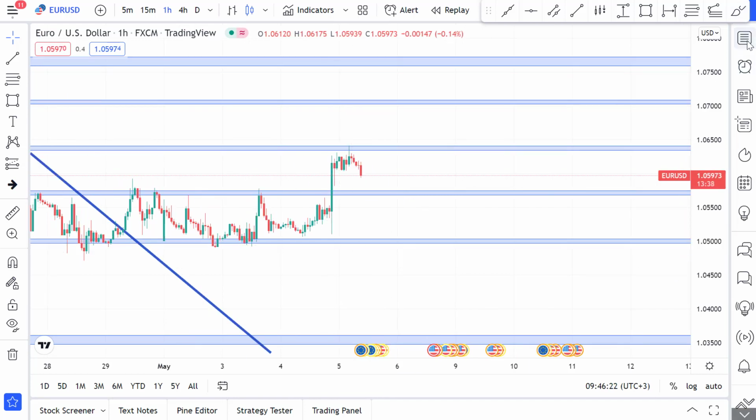If we have a breakout of this zone, that would be the next target for you. If not, this zone is a target, and we might have a trading range between 1.05 and 1.06. This is what I think for today's market.